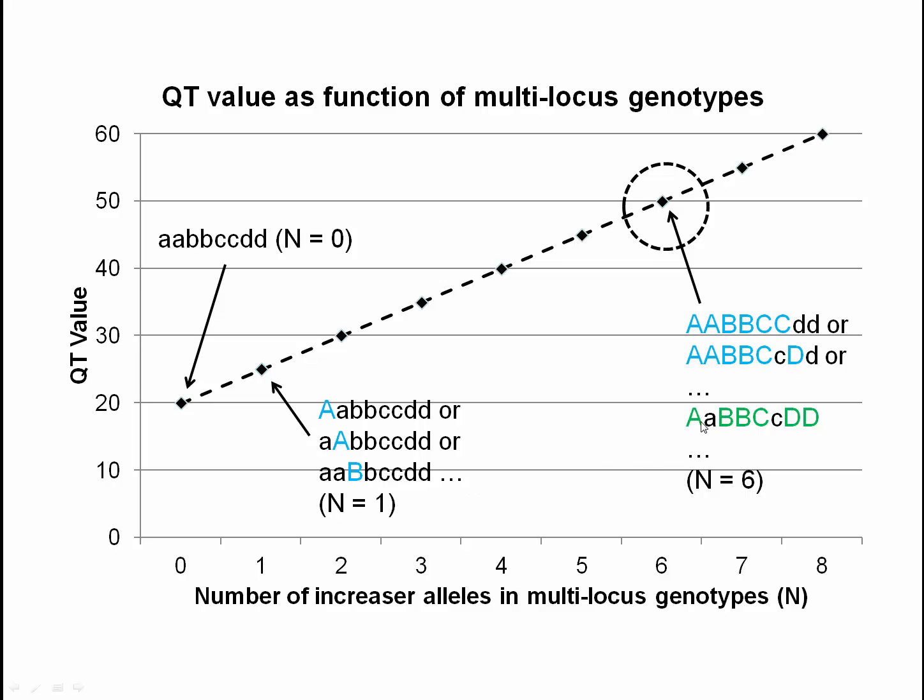Now, the one we're interested in, the question was about this particular multilocus genotype, and I've indicated those letters that are capital in green. So n equals 6, and if you just draw the line up from n equals 6 here, you'll see you get to 50, right? It turns out, for example, this multilocus genotype also has 6 increaser alleles, and so does this one, and so they also would have a quantitative trait value of 50 centimeters.